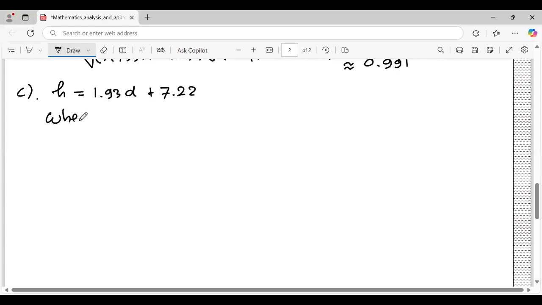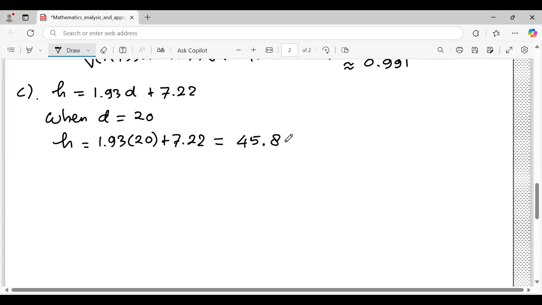So when D equals 20, H equals 1.93 times 20 plus 7.22. And if you calculate, the result is 45.86, or 45.9 centimeters, the unit.